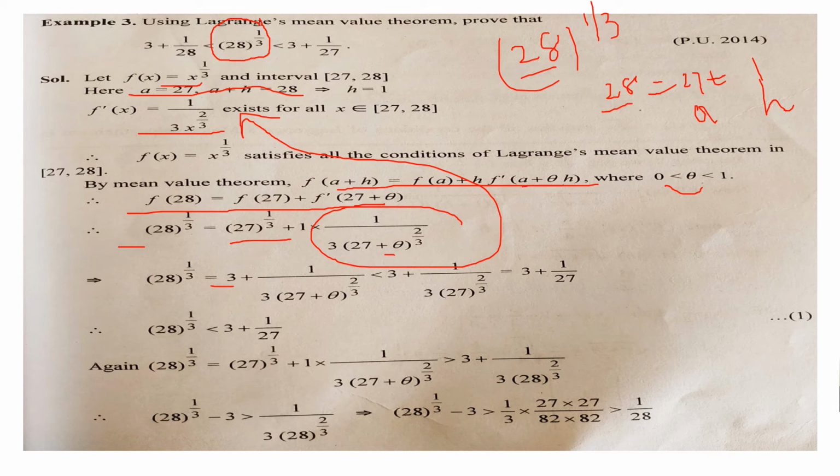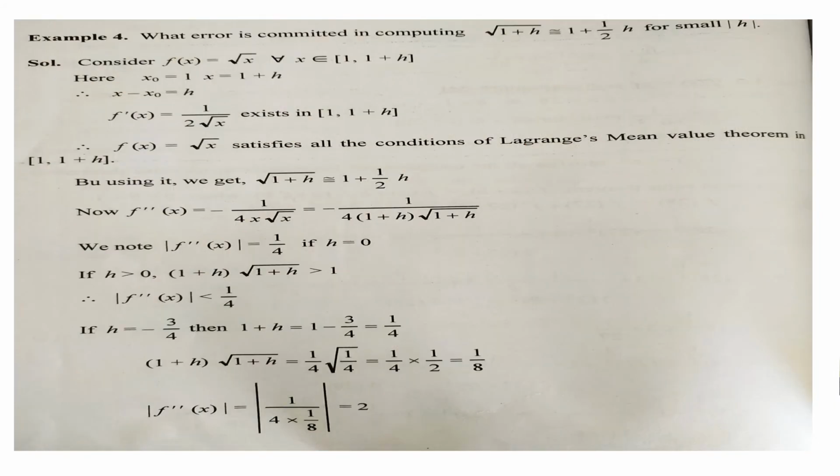Put the value of A plus theta h. A is 27 here, h is 1. So we get this simplified equation. If we use theta 0, its value will be less than this one. If we use theta equal to 1 here, this is greater. Simplifying, we get this one. So combining these two equations, we get that particular value.